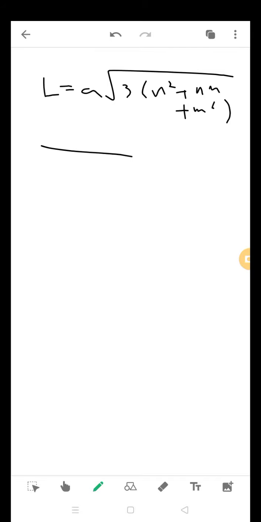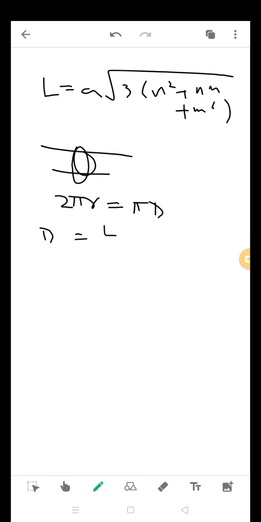Now this girth that we have been talking about is basically the circumference, 2 pi r, so it equals pi d. So the diameter of the tube is simply equal to L by pi.